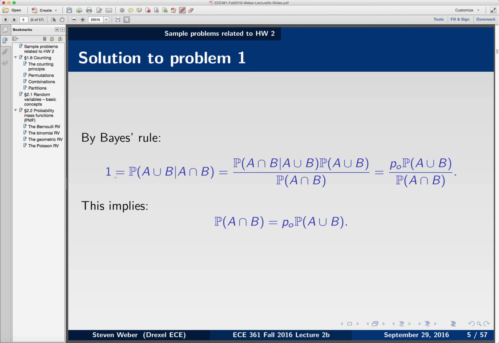So I now have this equation that 1 equals PO times the probability of A or B over probability of A and B. Or rearranging, probability of A and B equals PO times the probability of A or B.